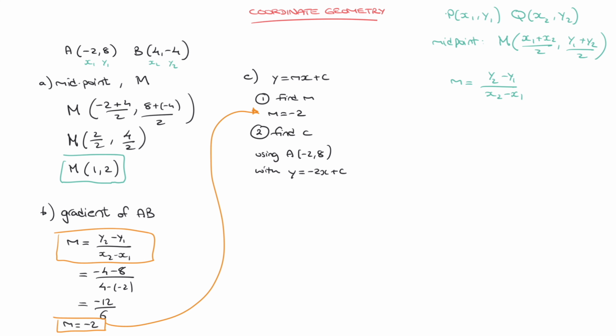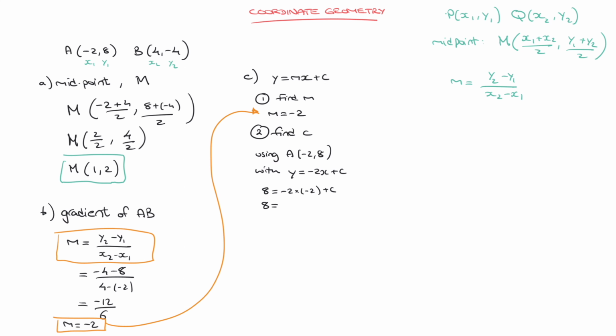But now since this line has to pass through this point A, well, that tells us that if we replace x by negative 2, then the y value we get should be equal to 8. And so writing that, in other words, replacing x by negative 2 and y by 8, that's going to lead to an equation for this c. So let's go ahead and do that. That will be 8 equals negative 2 times negative 2 plus c.